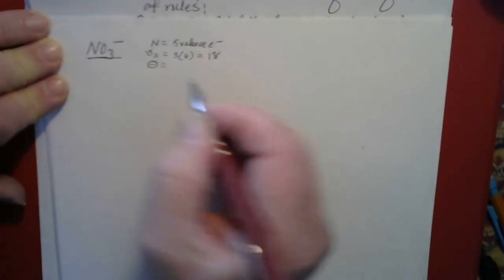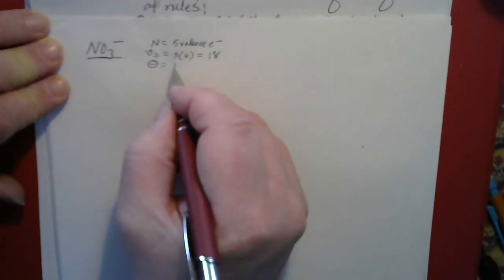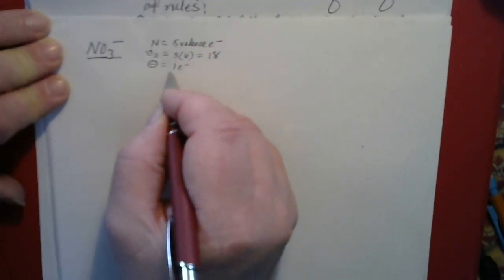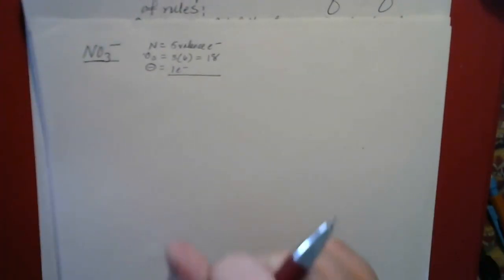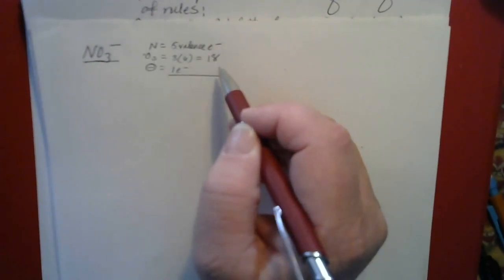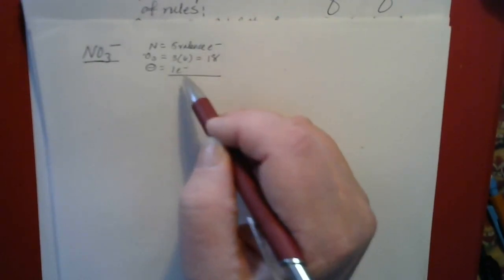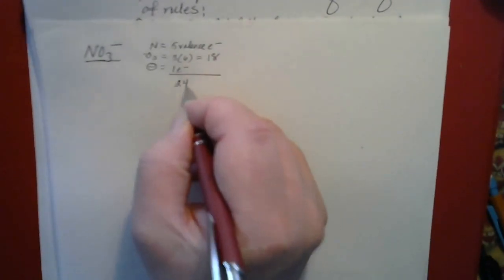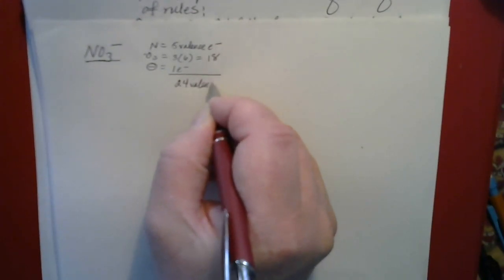That's 18 valence electrons. And then we have the negative charge, which is equivalent to adding 1 electron. And then when we add all of these up, 18 plus 5 plus 1 is 24 valence electrons in this polyatomic ion.